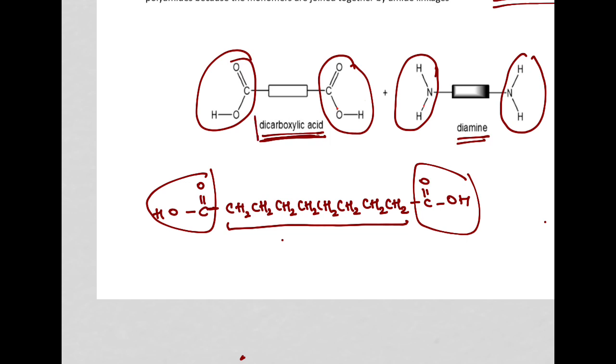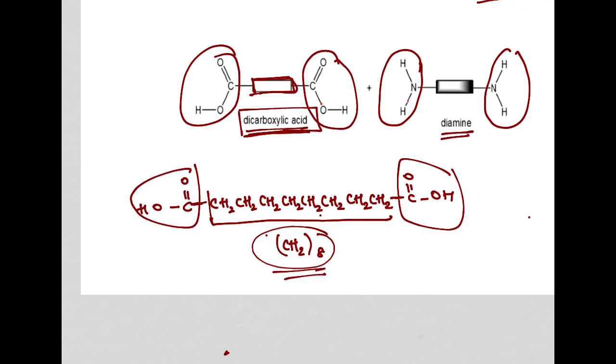So that's why it's called a dicarboxylic acid. And this long chain here, this is CH2 8 times. This is what is represented by this box. So every time in the polymer, when we're going to draw the polymer, instead of drawing CH2 8 times or writing it like this, we're just going to show a box, because this is part of the molecule that stays the same throughout.